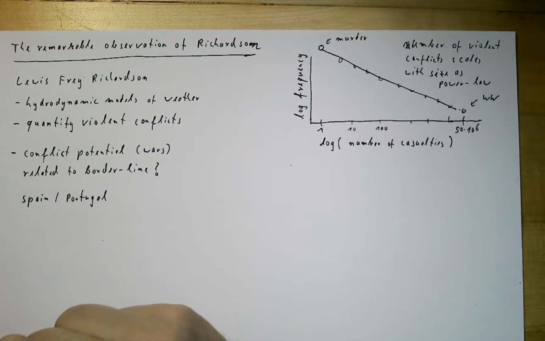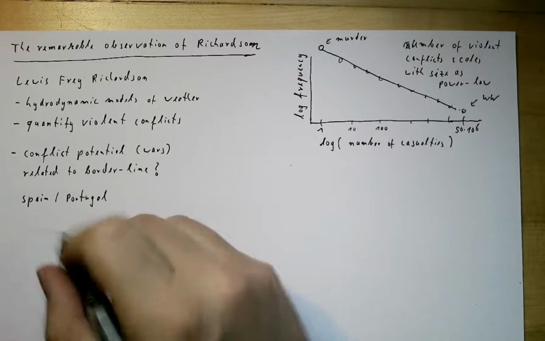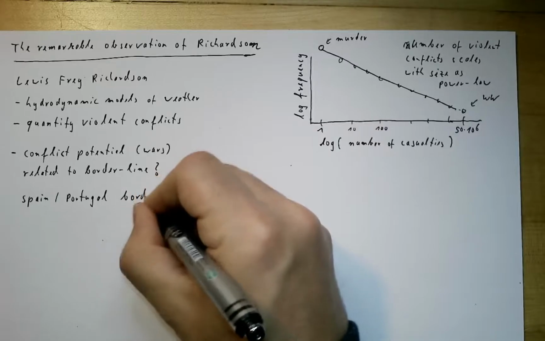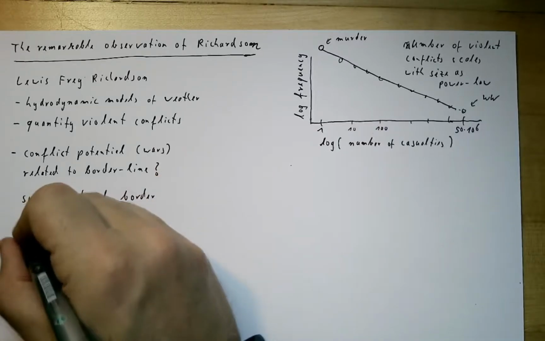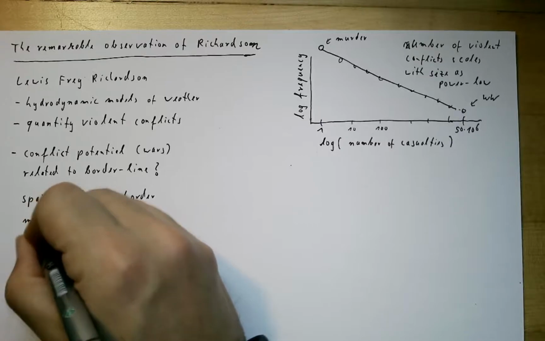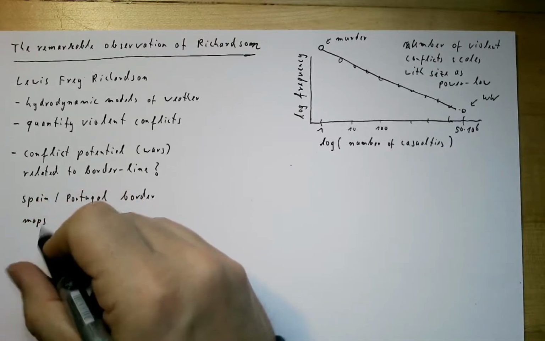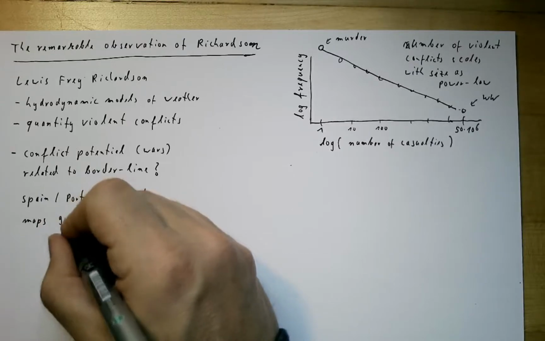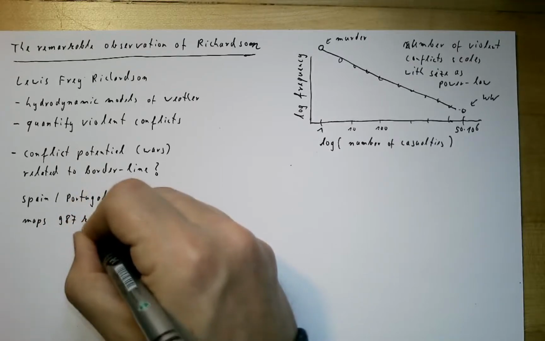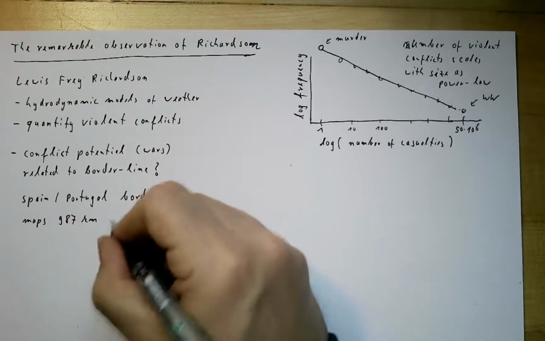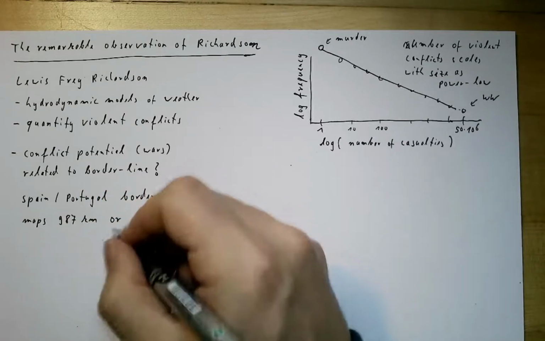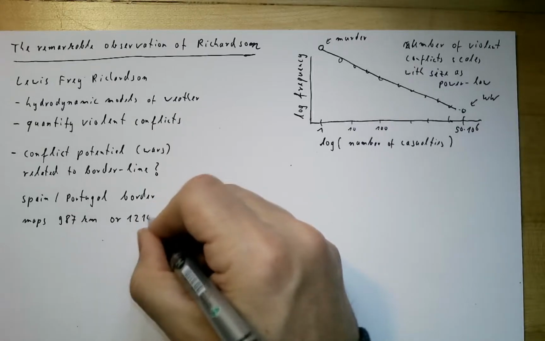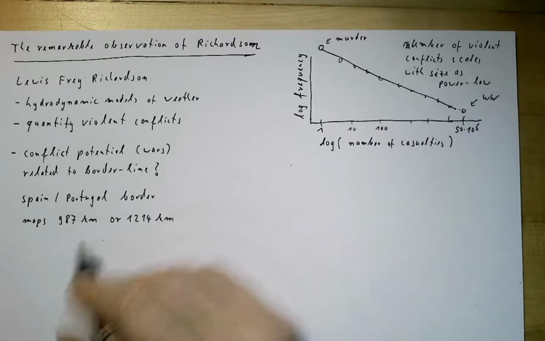So what you can do is take maps of the border and measure the border. He found two different maps, and one map gave a certain borderline, but in another map, and that was strange, he came to a borderline of 1214 kilometers.